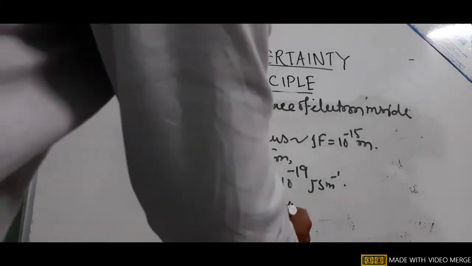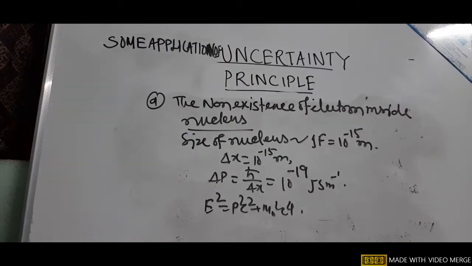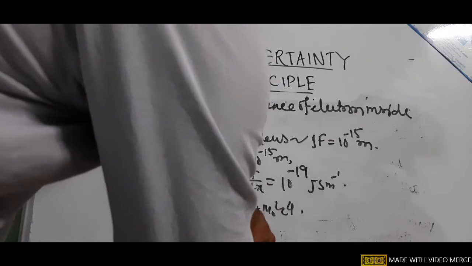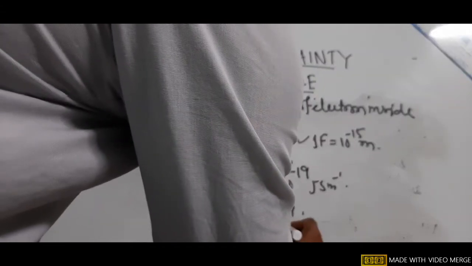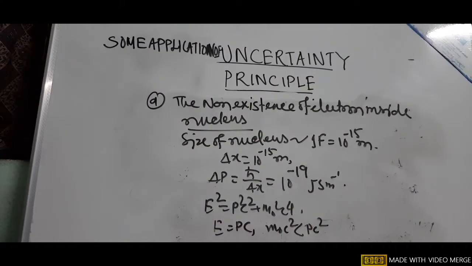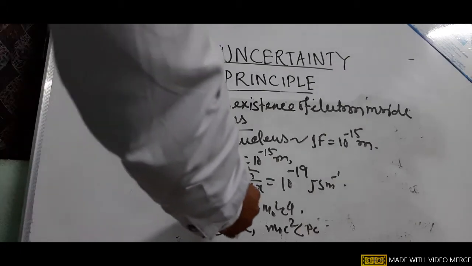Here m0 square c to the power 4 is less than p square c square. So in that case, E equals Pc.